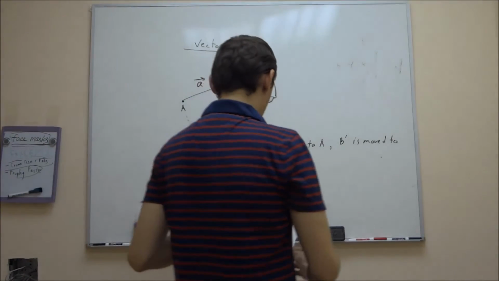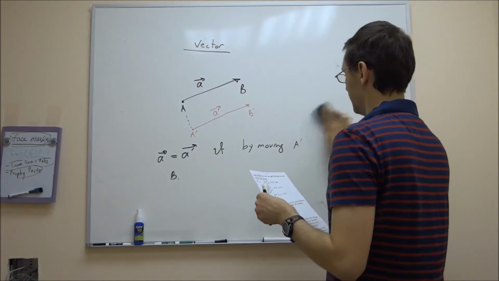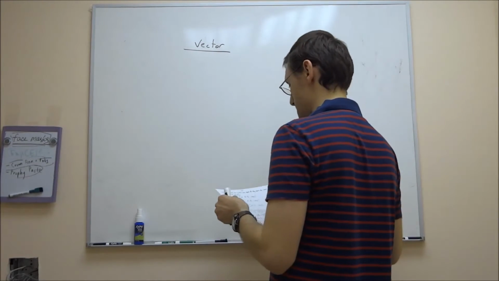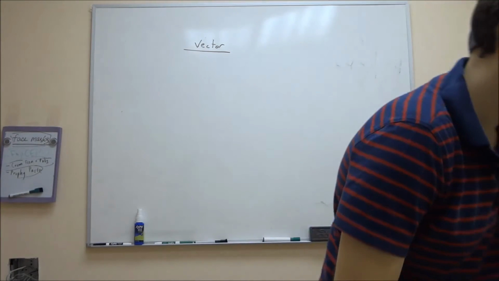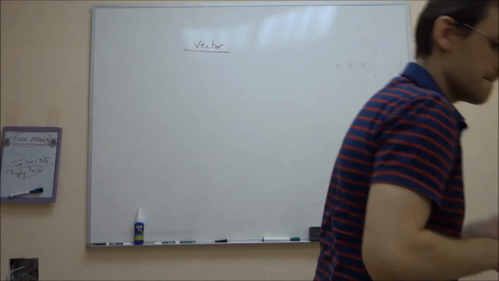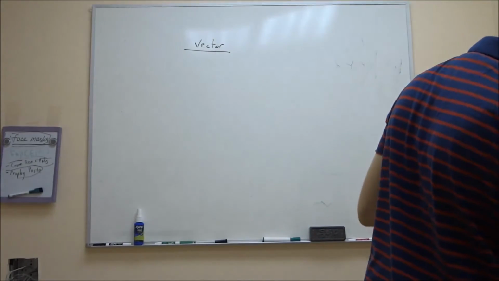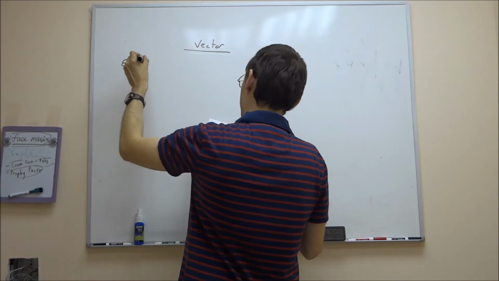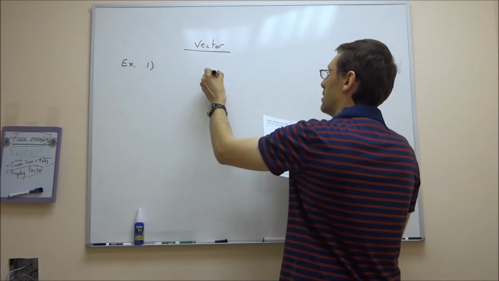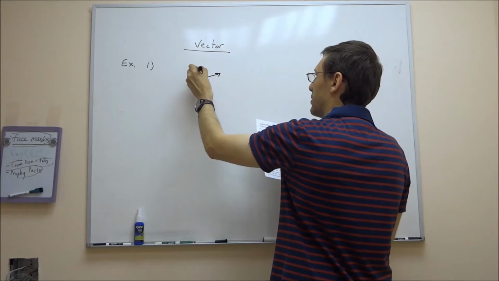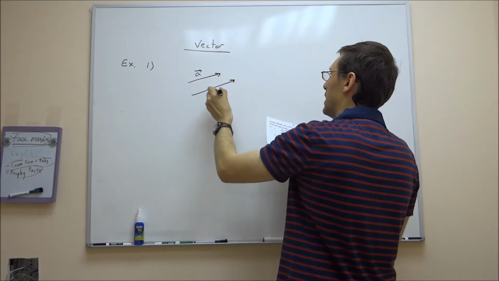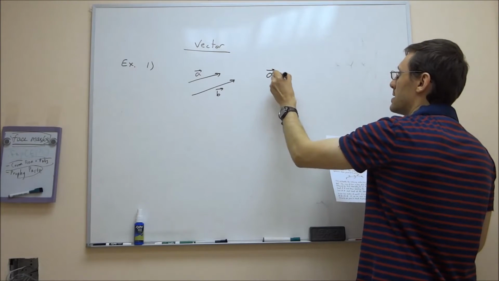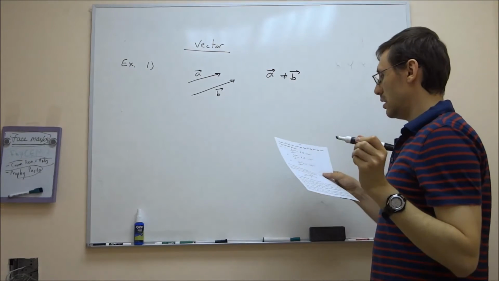Just to make sure, let's look at a few examples. Example 1: we have here a vector A and here a vector B. It is clear that the vector A is not equal to the vector B. What's wrong here?